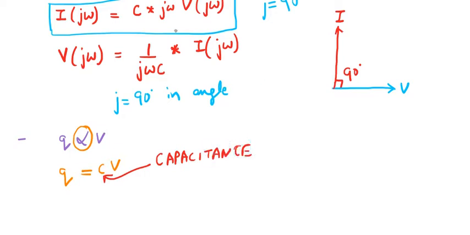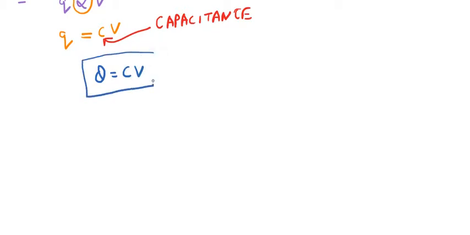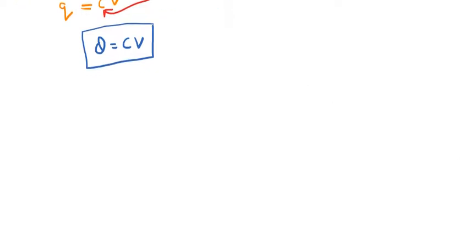Thus the formula becomes Q equal to C into V. Capacitor is a linear element.